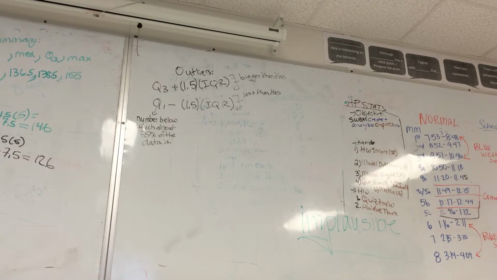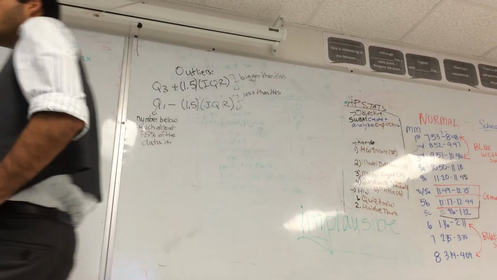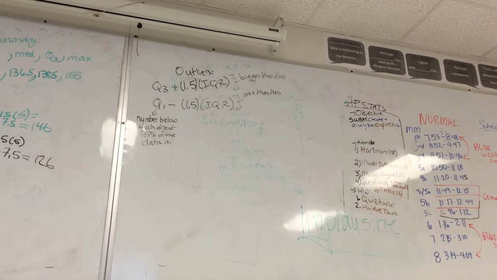All right. Now, let's talk a little bit about skew. Kendra, what is the skew on this data? What is the skew on this data? You don't know. What does skew mean, Kendra?